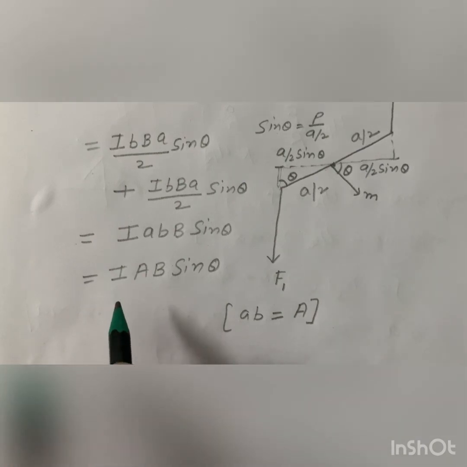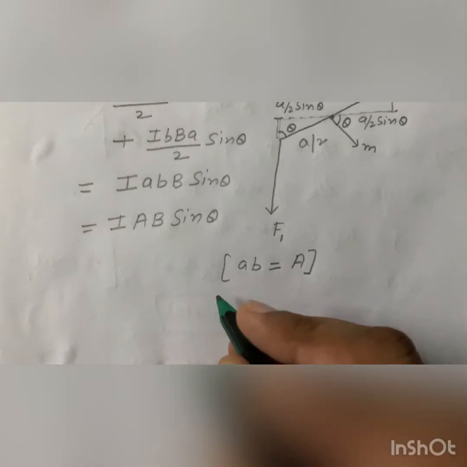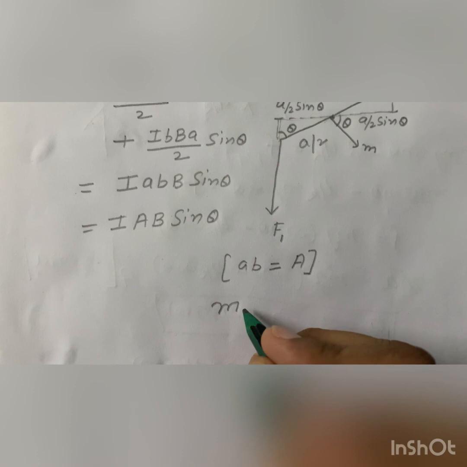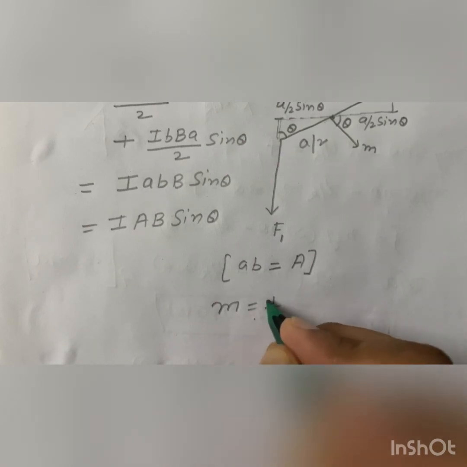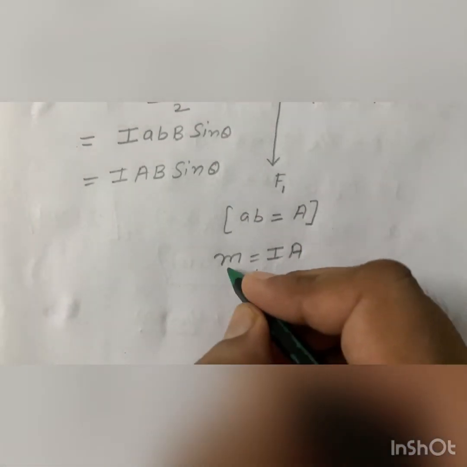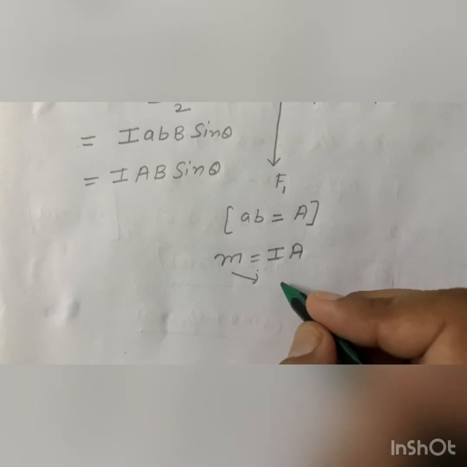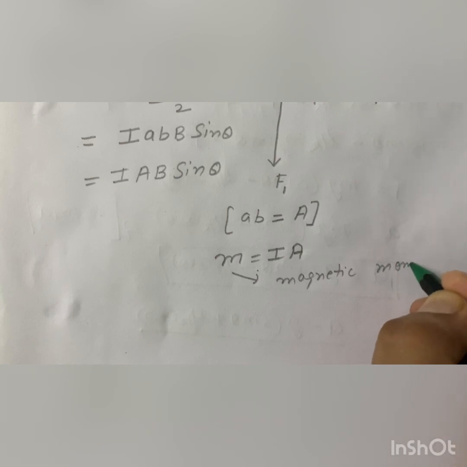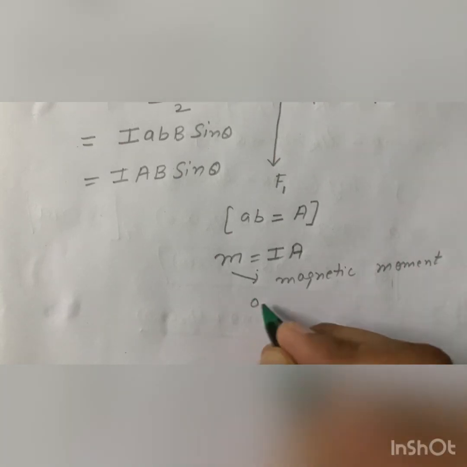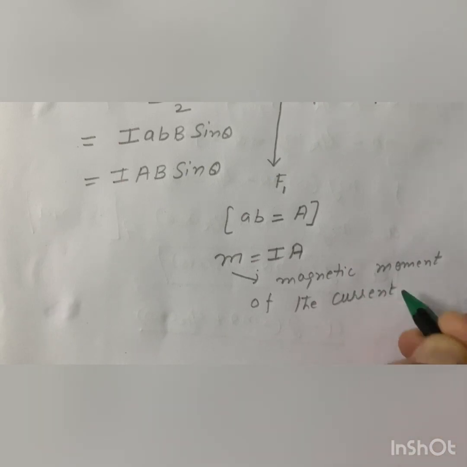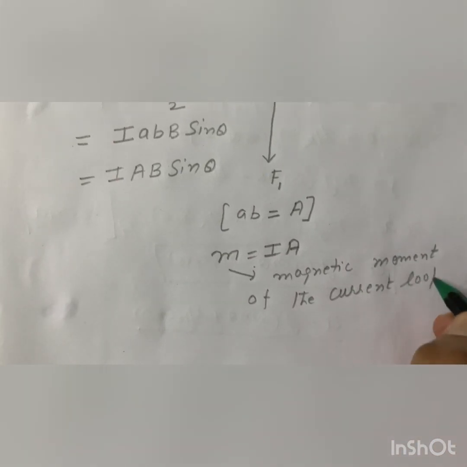We can write it like this. The magnetic moment, we know, is equal to current into area of the coil, and this M is called the magnetic moment of the current loop or coil.